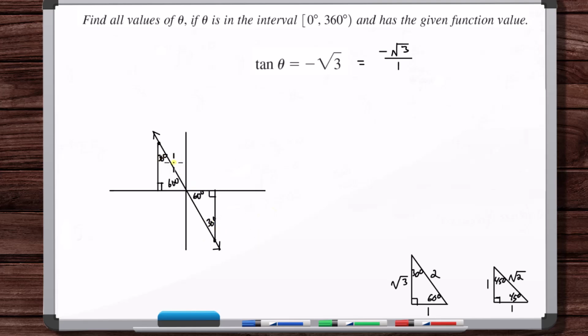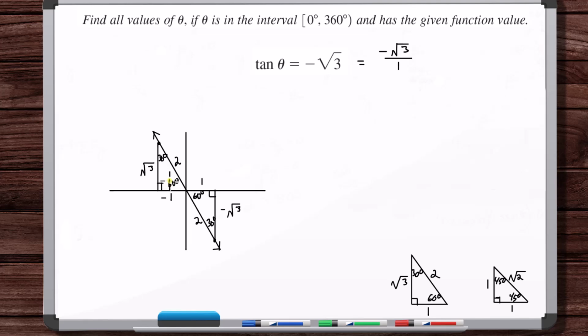Okay, so it's the reference angle 60, but it's what happens. This is -1, this is +1, this is minus root 3, this is positive root 3.